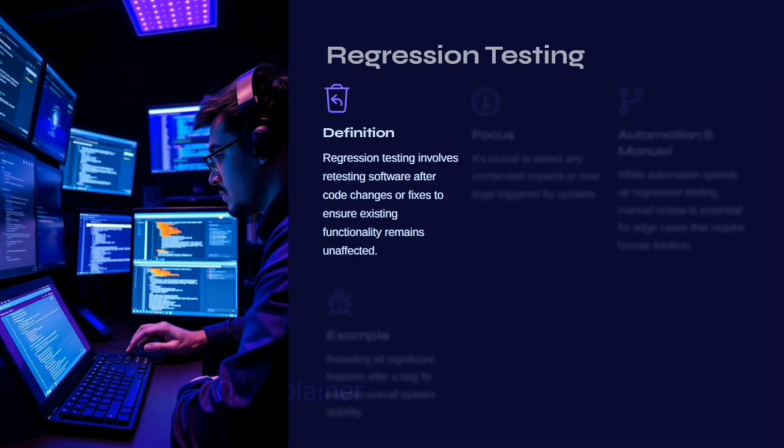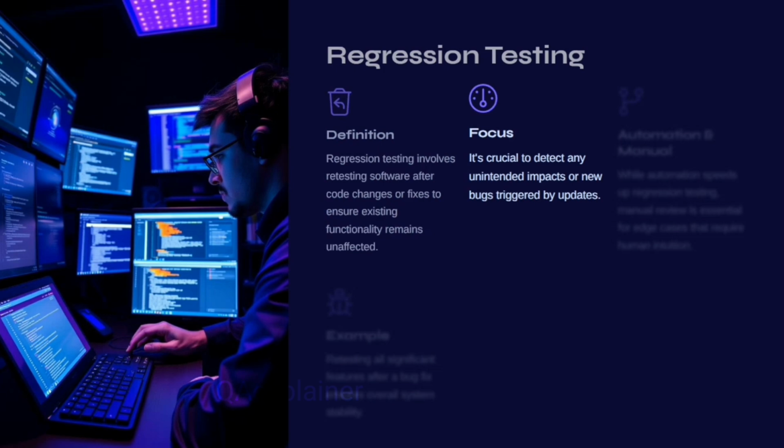So in regression testing, we are actually executing system testing or end-to-end testing functionality for older modules, not newer modules. The main focus is to detect unintended impact, or we can say newly triggered bugs caused by an update. So for that, regression testing is important.